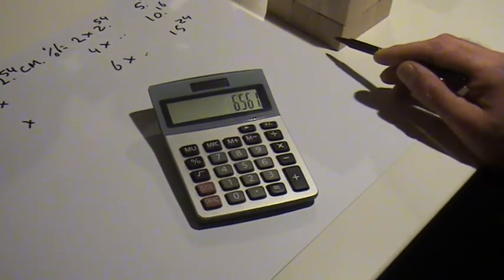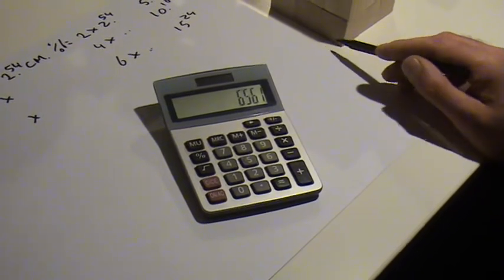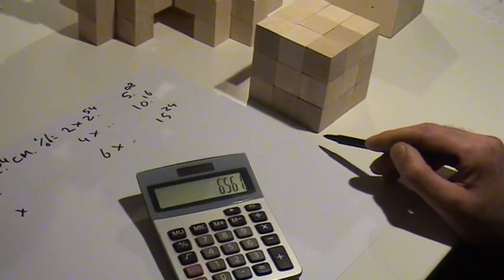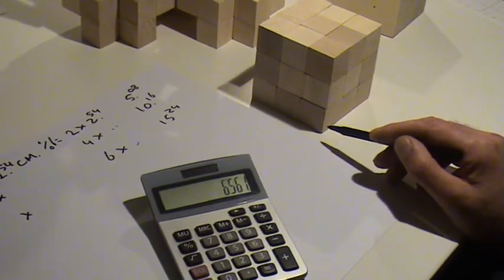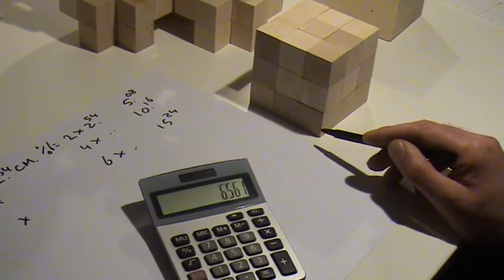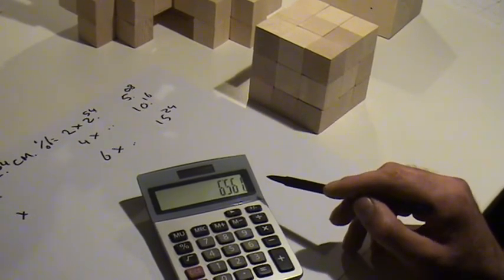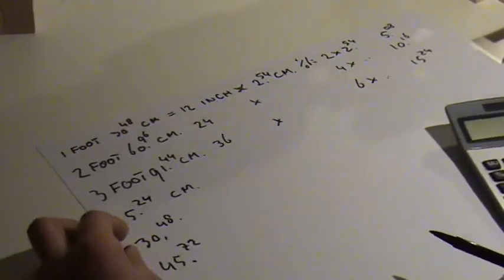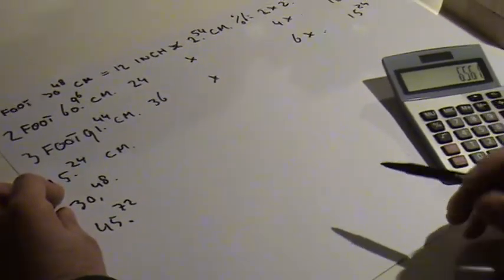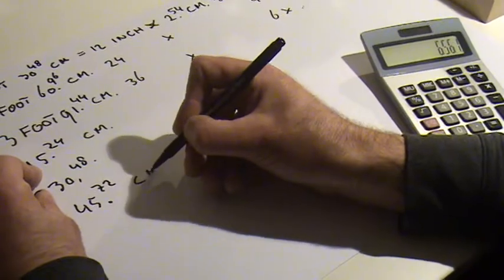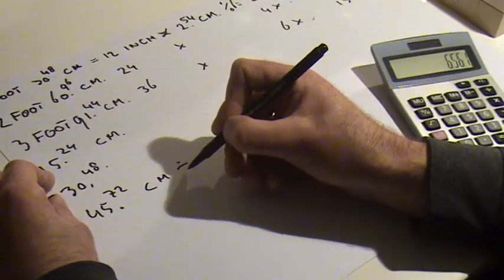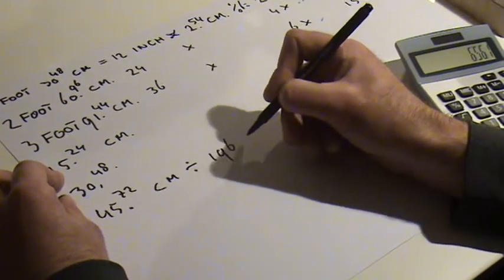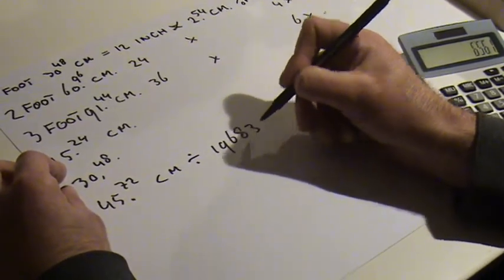And we know that on every cube are 2 dots, and the 2 dots divide the cube in 3 distances. So we divide the 45.72 centimeters by 19,683.